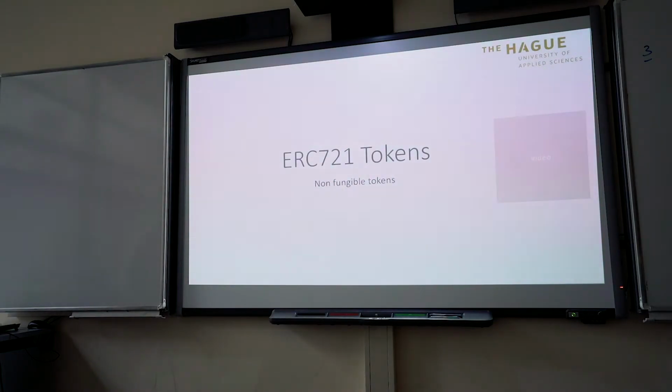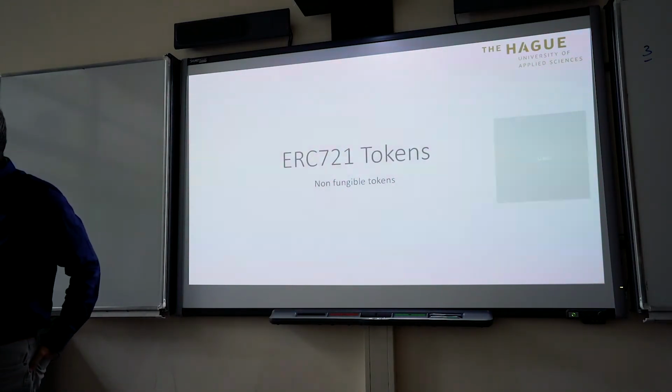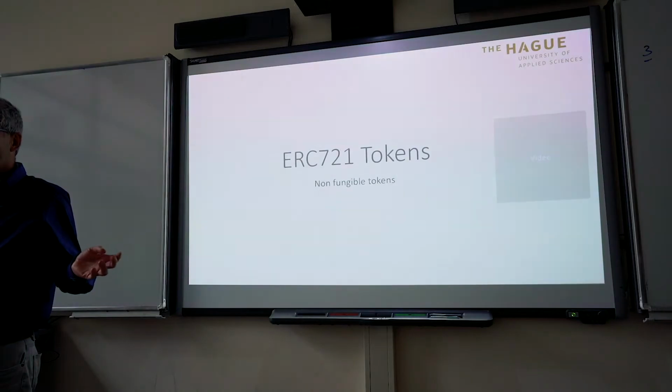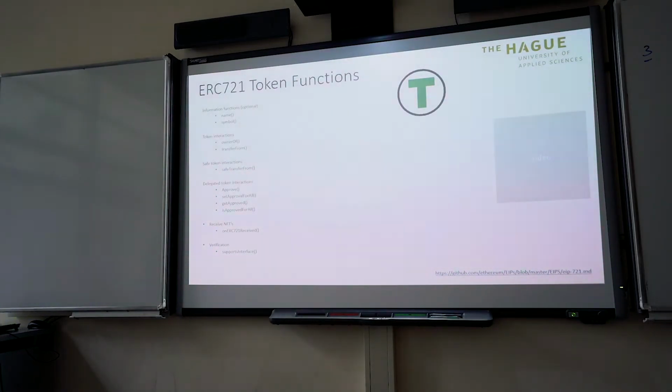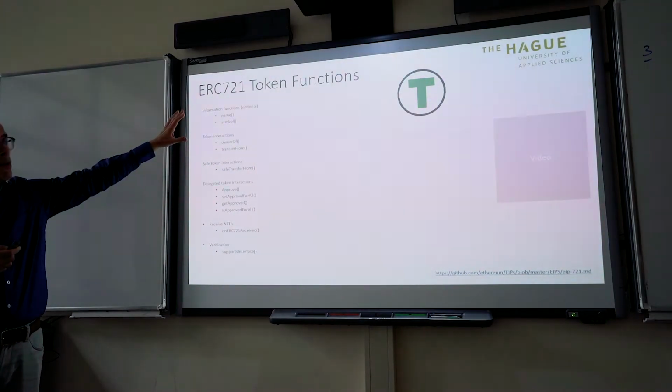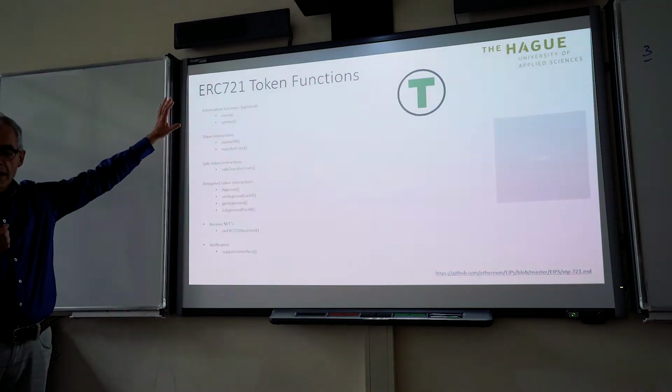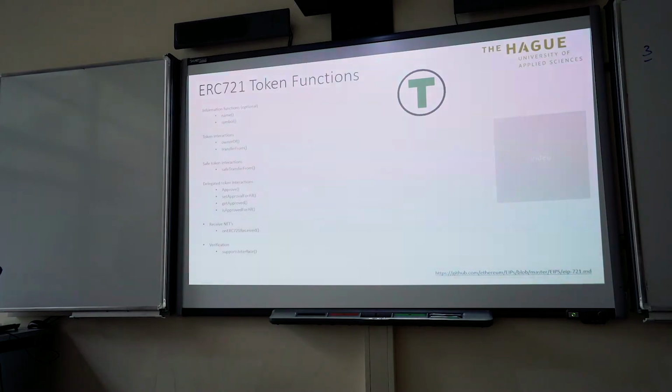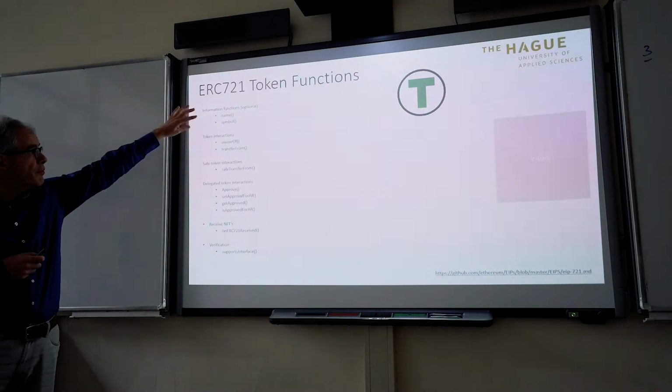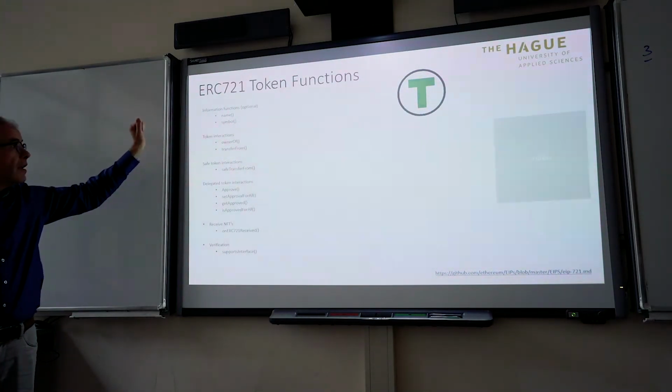Yes, now we're going for the non-fungible tokens. So that's the tokens which are sent individually. Now we have, like the previous ones, sort of a similar interface. Also the first information functions, name and symbol.